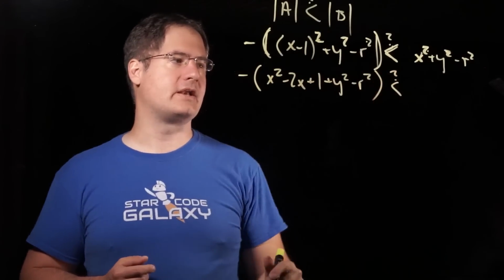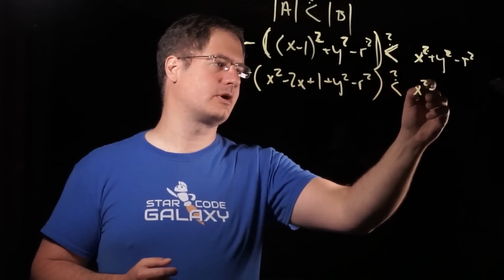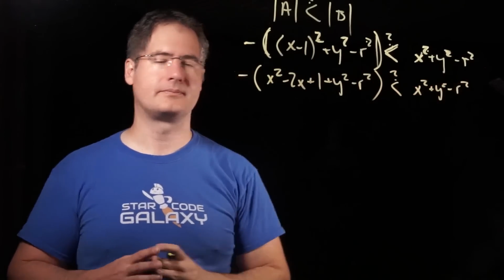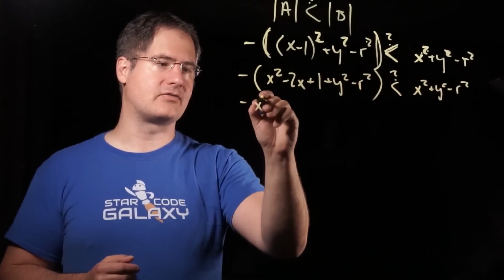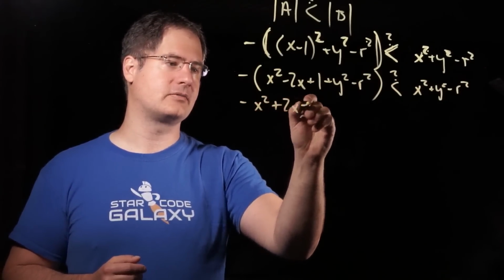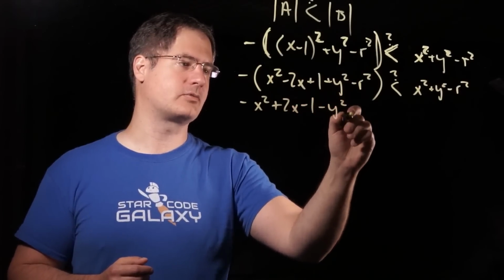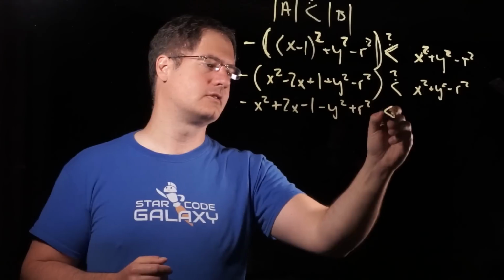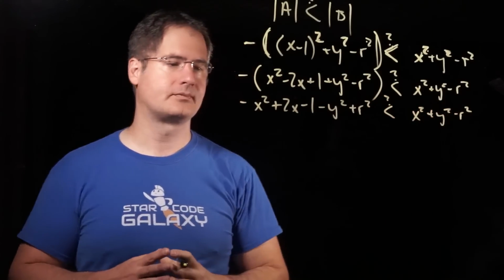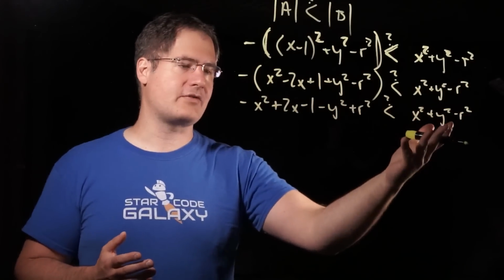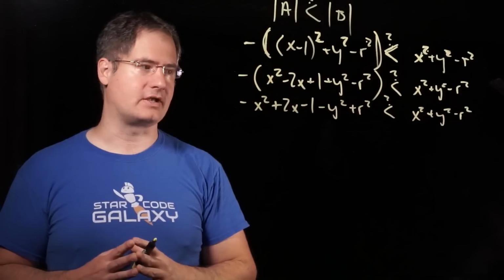We then know that we want to test that versus x squared plus y squared minus r squared. We have a negative in the front, so we want to go ahead and distribute that. Negative x squared plus 2x minus 1 minus y squared plus r squared less than x squared plus y squared minus r squared.